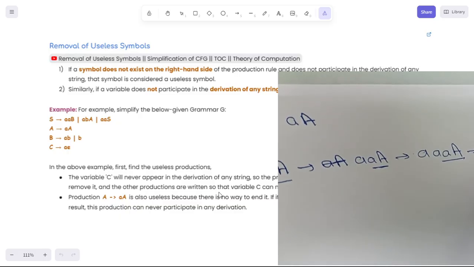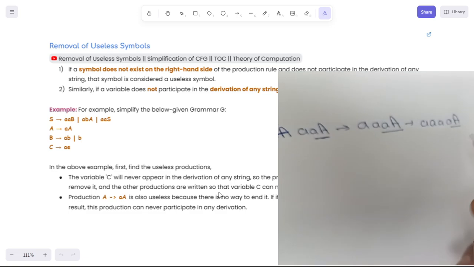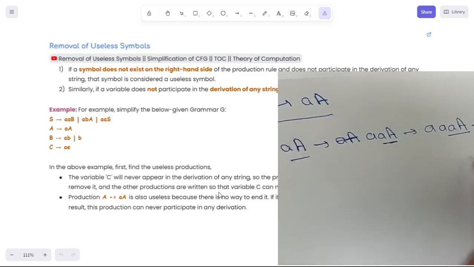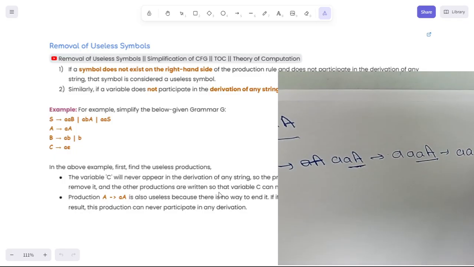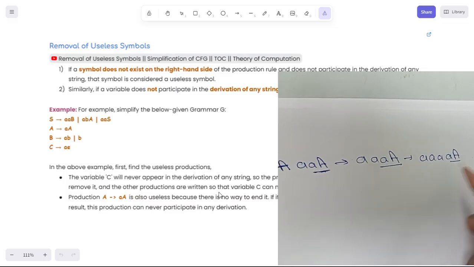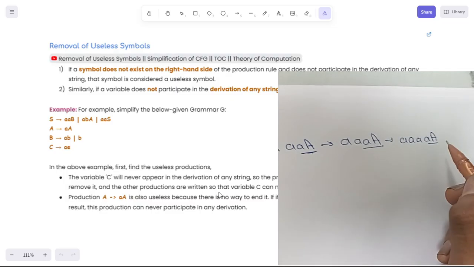In this way, every time we apply this production rule, it's not simplifying anything. It's just recursively going to the same rule again, so there is no end to this, right?